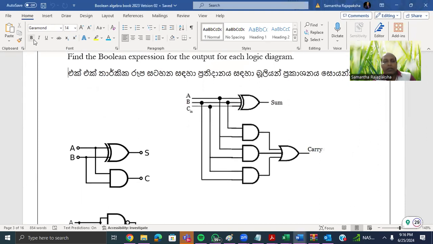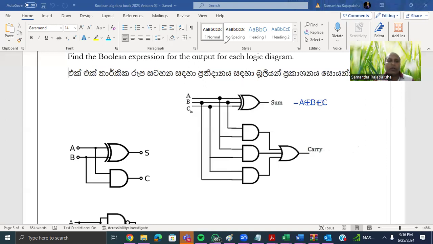Then if you take the other question here, this one should be equal to A exclusive B exclusive C. That's exclusive operation with 3 inputs. It should be A exclusive, with the circle, and B exclusive and C, like this.